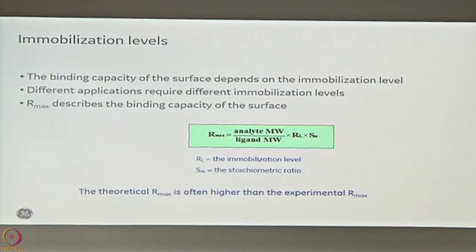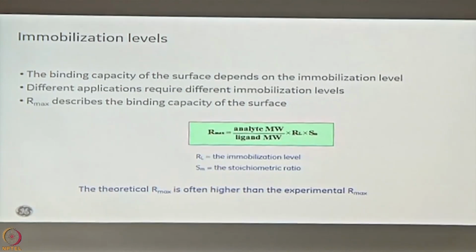But in some cases when you see much higher R max experimentally as compared to theoretical, immediately a bell should ring in your mind that something is wrong. Either the stoichiometry that we considered was not right, or there is some non-specific activity, or there are aggregates happening.